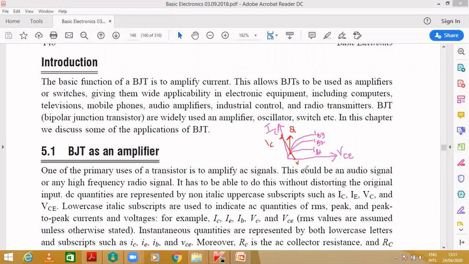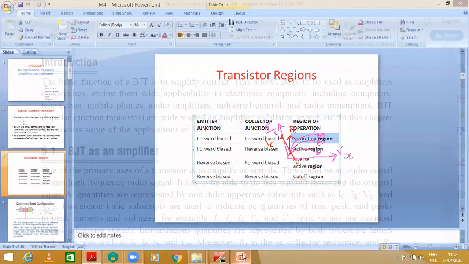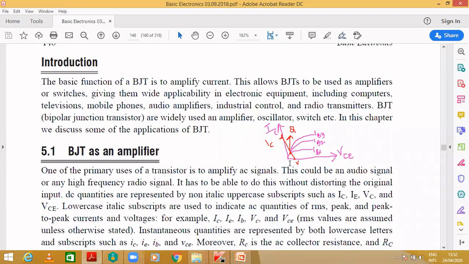For the active region, the emitter junction is forward biased and the collector junction is reverse biased, isn't it? So where will it lie: active region, saturation region, or cutoff region?